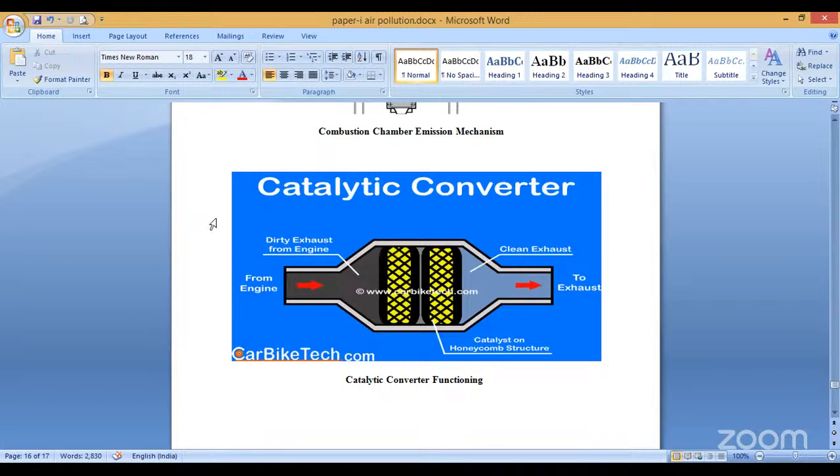Next important diagram is a catalytic converter. In this catalytic converter, these are the important labels. The first one is the exhaust from the engine, that is the black one mentioned here.